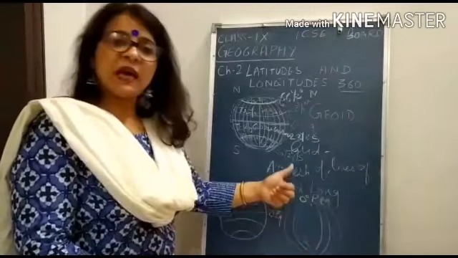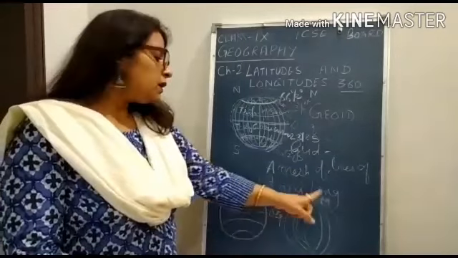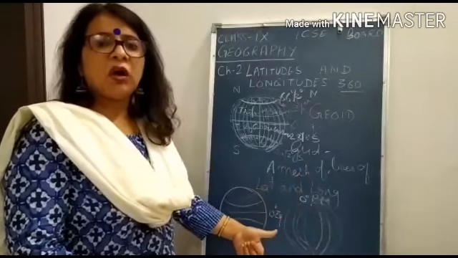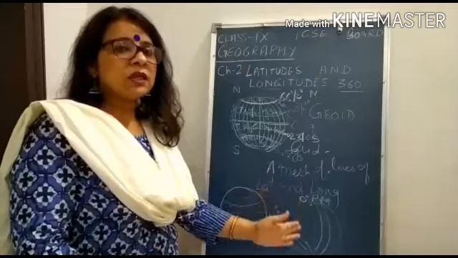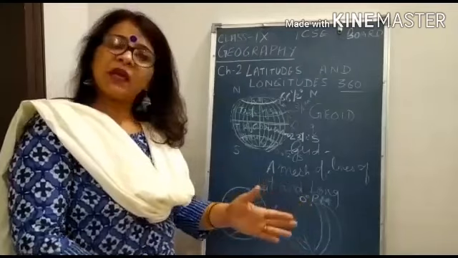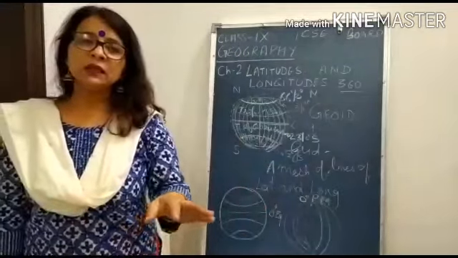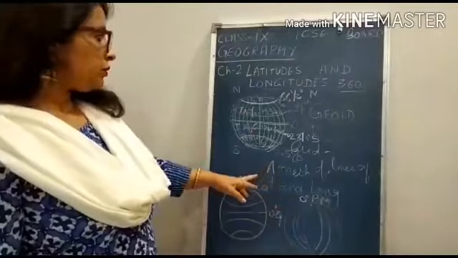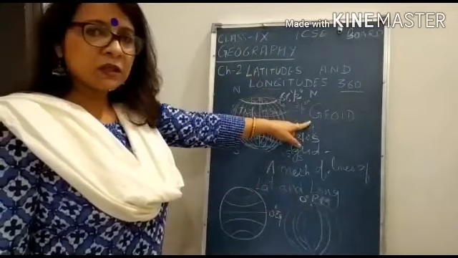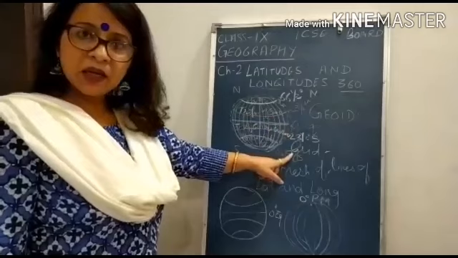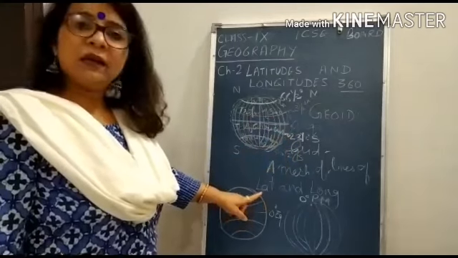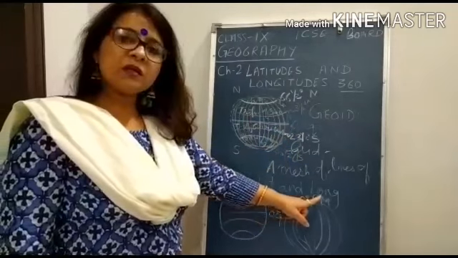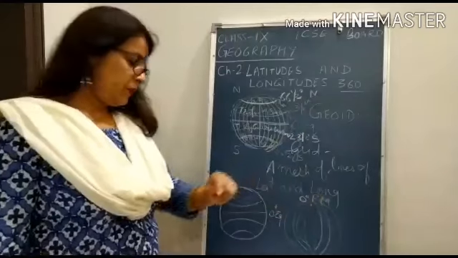East or west, it is the angular distance to the east and west side of the 0 degree prime meridian. So make sure that you all learn the definitions of geoid, grid, number 3 latitude, and number 4 longitude.